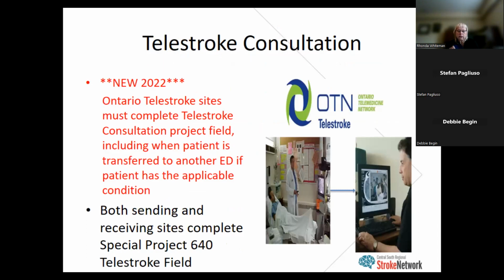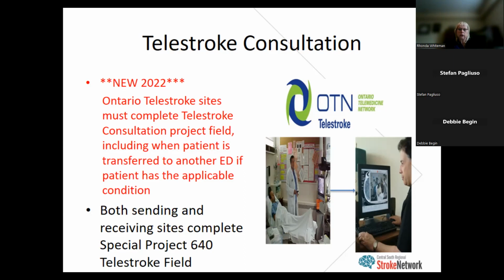And just to flag, when we were talking about telestroke, as we try to improve the documentation of our telestroke consult, we saw that patients transferred out were an area with a gap in completion of the special projects.